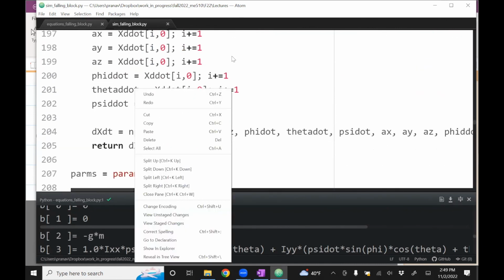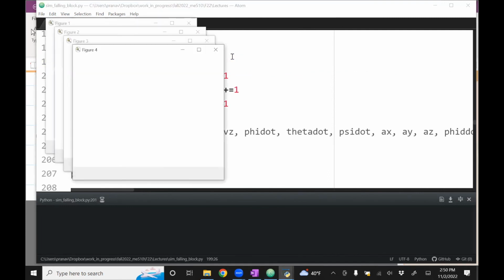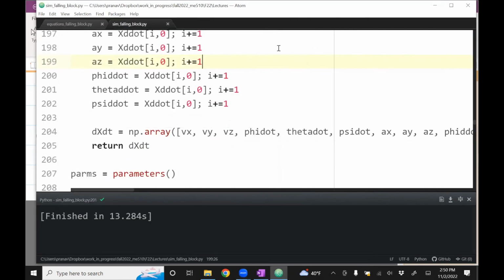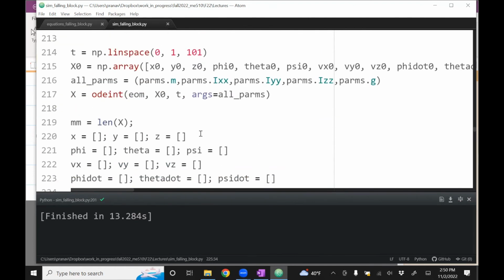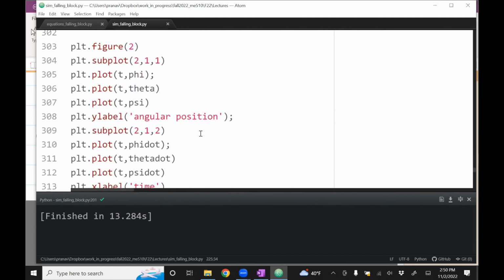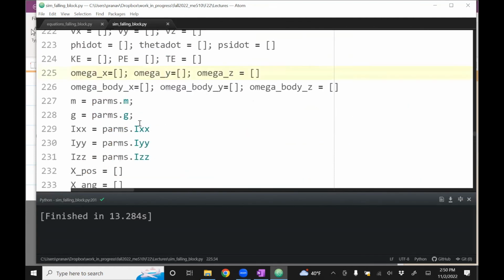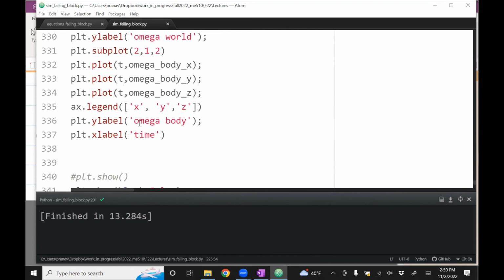Okay, so running this. That's the block. Maybe I should slow it down and get rid of these other animations. I need to set an initial condition.